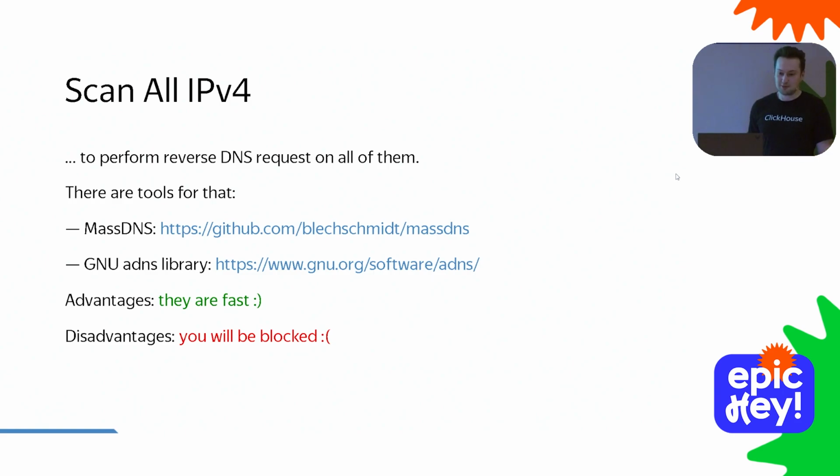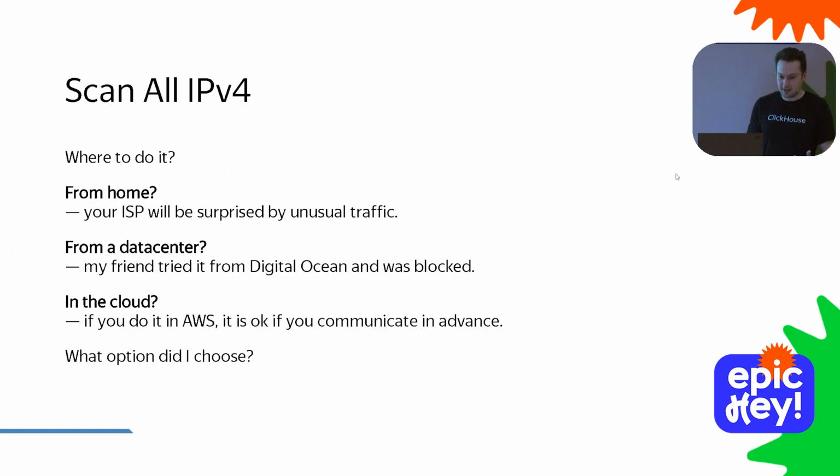There are several tools already for this task, like MassDNS or the ADNS library. And these tools are fast, and this is the advantage. The disadvantage: if you do it from your home, you will be blocked. And if I want to do it, how to do it?